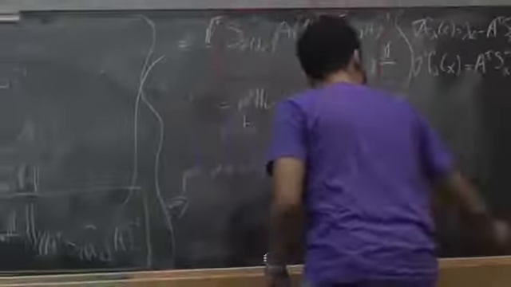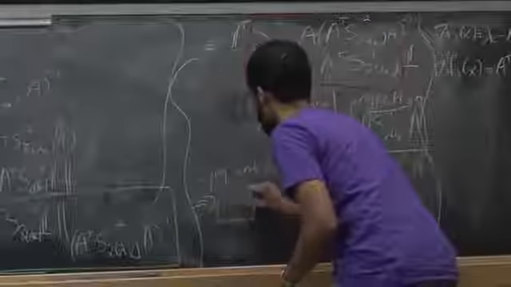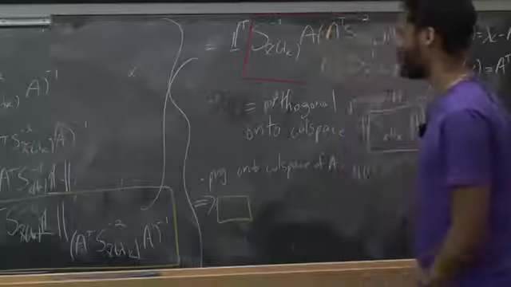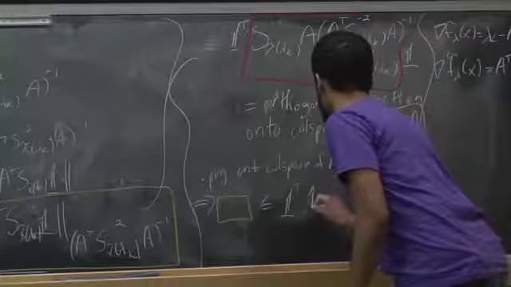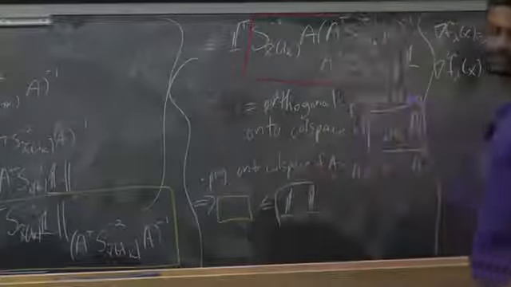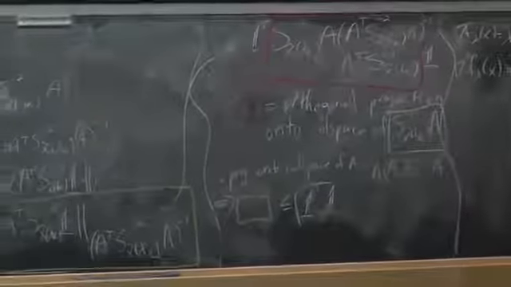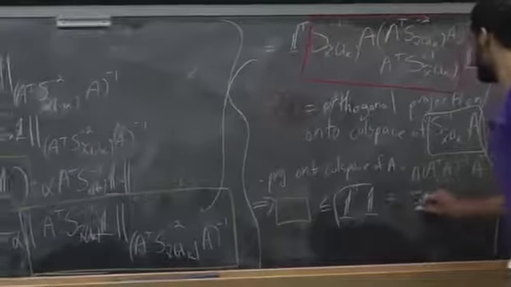This implies that this yellow boxed thing is at most square root of 1 transpose 1, which is root m.